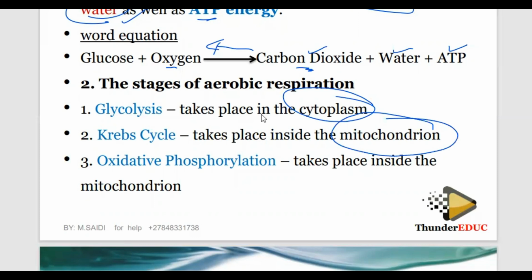We have to see exactly where in the mitochondrion it takes place. And then oxidative phosphorylation takes place in the mitochondrion still. That's why I say that the first stage, glycolysis, occurs in the cytoplasm, while the other stages occur in the mitochondrion.